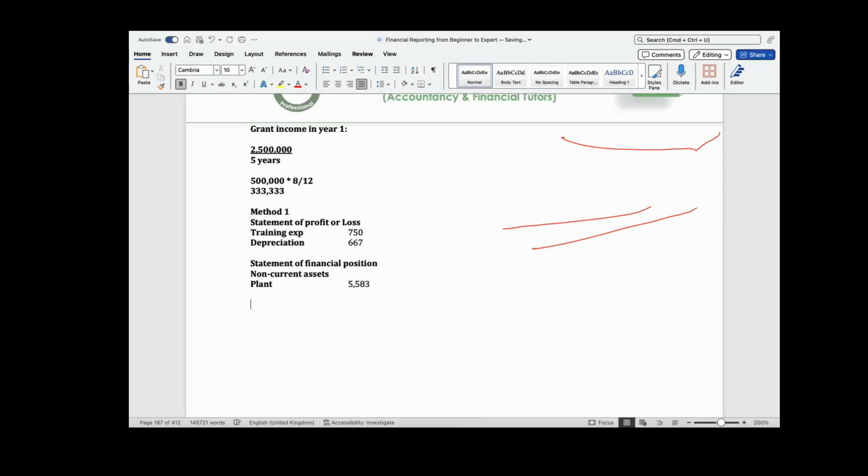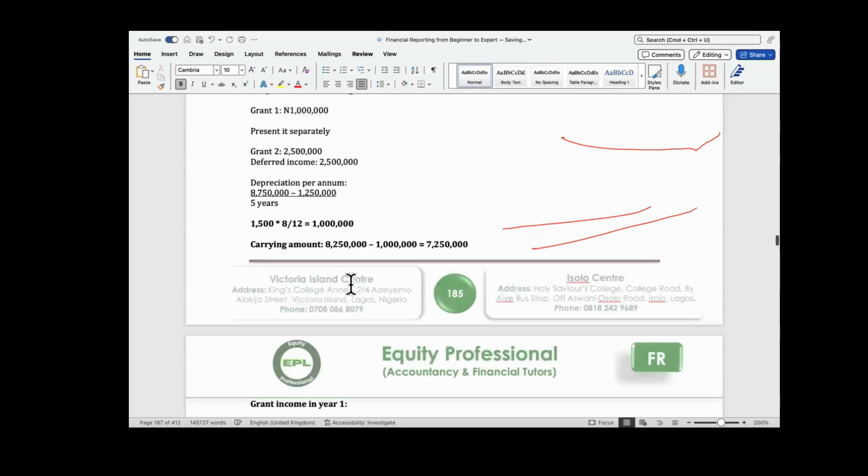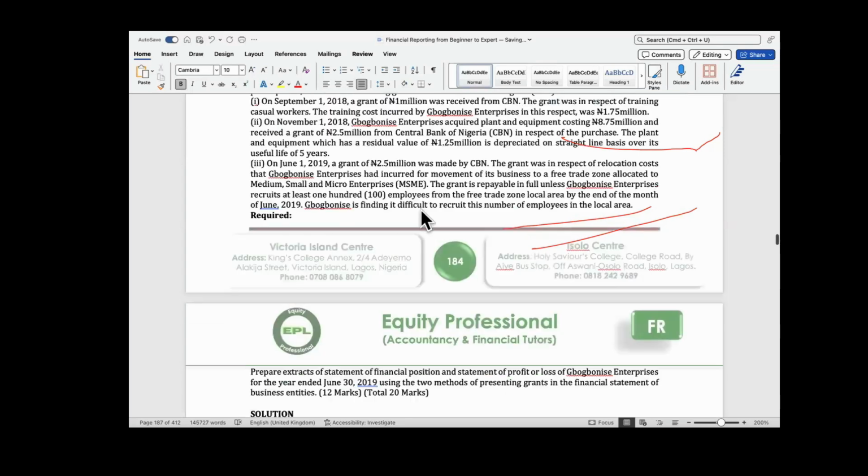Okay, and under current liabilities, I would put grant repayable. Don't forget that grant 3 that we might repay. This 2.5 million. So that's method 1.